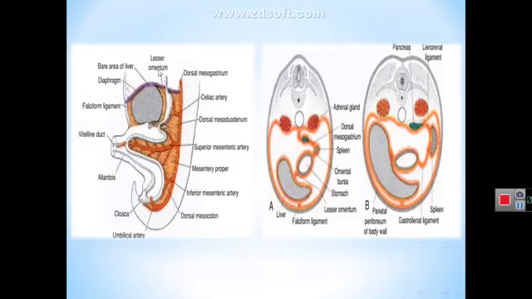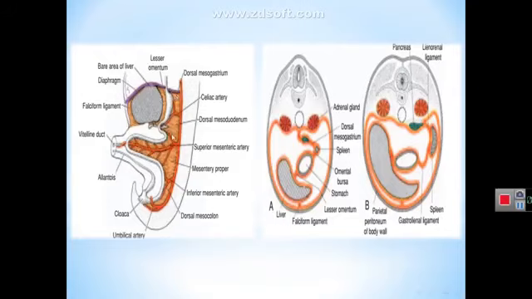So the lesser omentum is located dorsal to the liver. The falciform ligament extends from the liver to the ventral abdominal wall and houses the umbilical vein. So the ventral mesentery or mesogastrium exists only in the foregut.